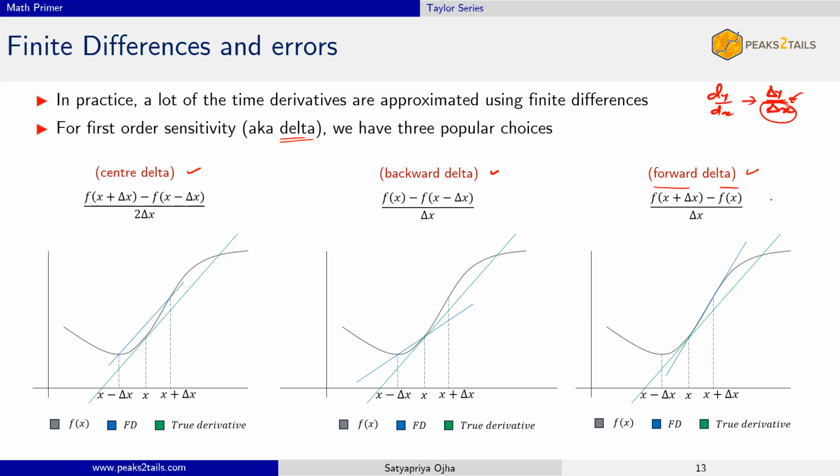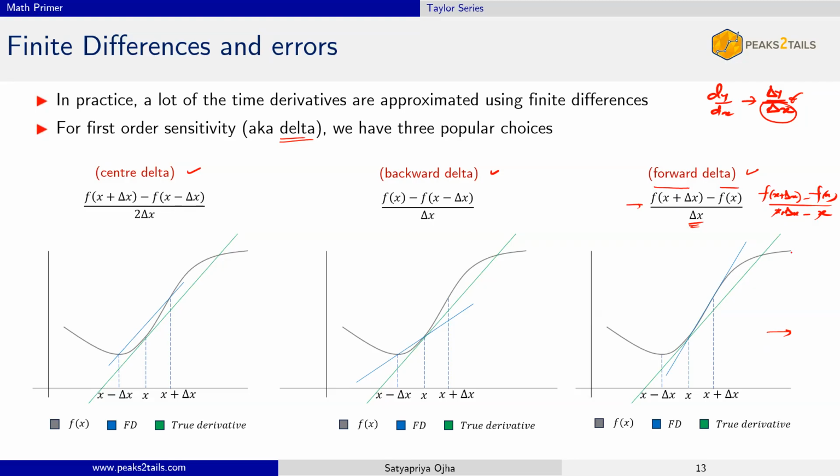So if I want to rewrite this, it will be f at the new value of x minus f at the old value of x, divided by the new value of x minus the old value of x. Change in x is delta x itself, right? If you write it in this fashion, it is called forward delta, because forward means you think of moving on the x-axis from left to right. So moving forward in this direction, that is forward delta.